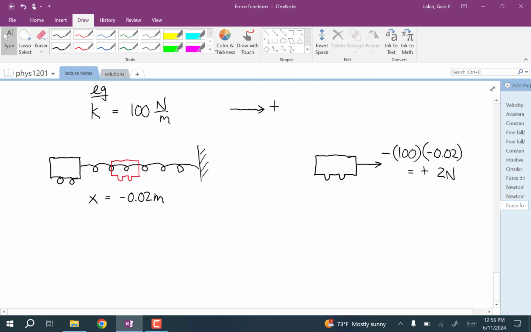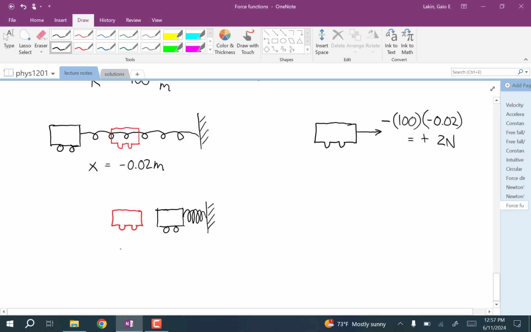Okay, now let's think about the same thing, but this time we're going to push the cart to the right. Here's the starting position when the spring is not applying a force. And this time we push the cart to the right, so the coil bunches up like that. So this time we've moved the cart in the positive direction, and let's say x is equal to positive 0.02.